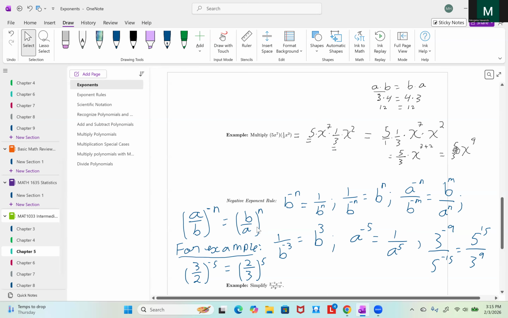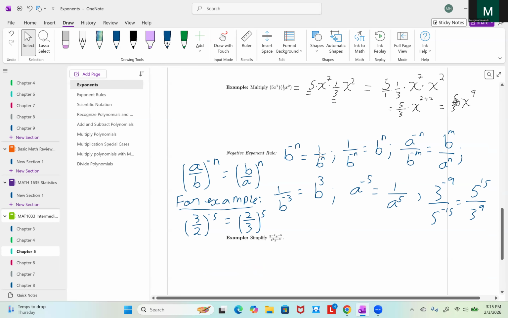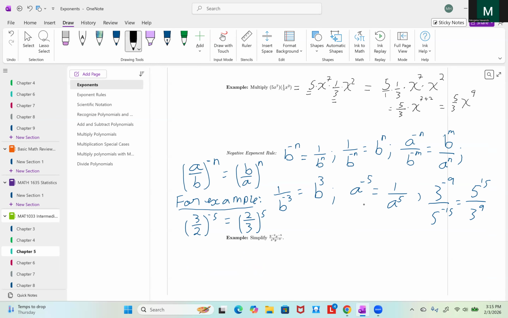Negative exponent rule. B to the power of -n is equal to 1 over b to the power of n. Another one is 1 over b to the power of -n is equal to b to the power of n.